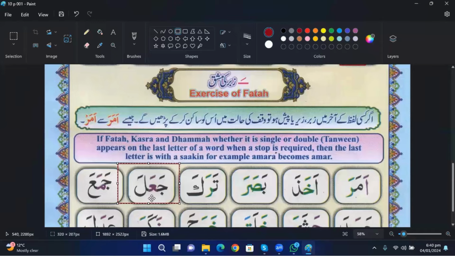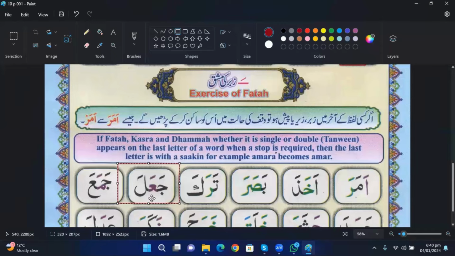When double fatha comes over the last letter of a word where you have to stop, in the stop condition one fatha will be dropped and one will be readable with the help of alif. So how will you explain it? When double fatha comes on the last letter, in the stop condition one fatha is readable with the help of alif and one will be dropped.